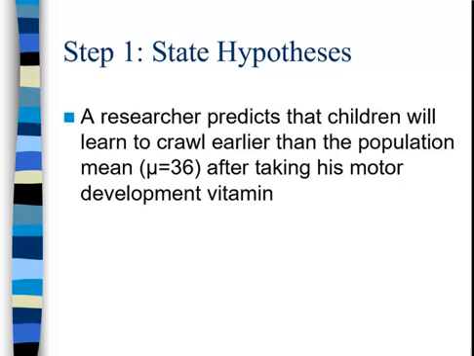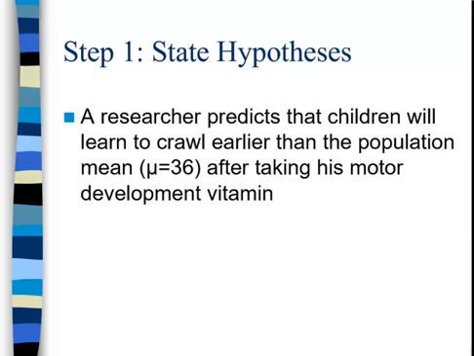Now think about that phrase. Does the researcher think that his sample mean will be less than or greater than the population mean? He's saying his prediction is that the babies in his study will learn to crawl earlier than the population mean. If the population mean is 36, his prediction is that his babies are going to learn to crawl before that.